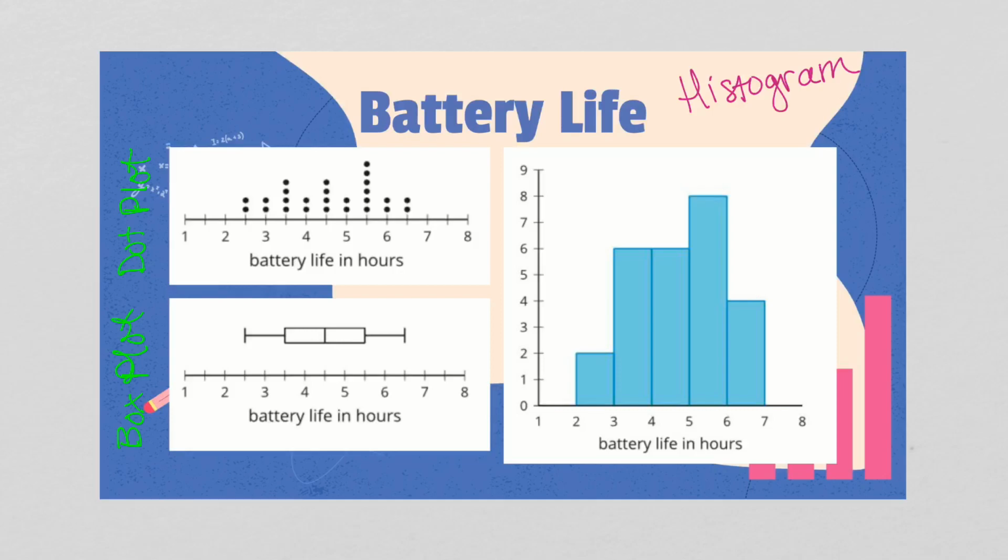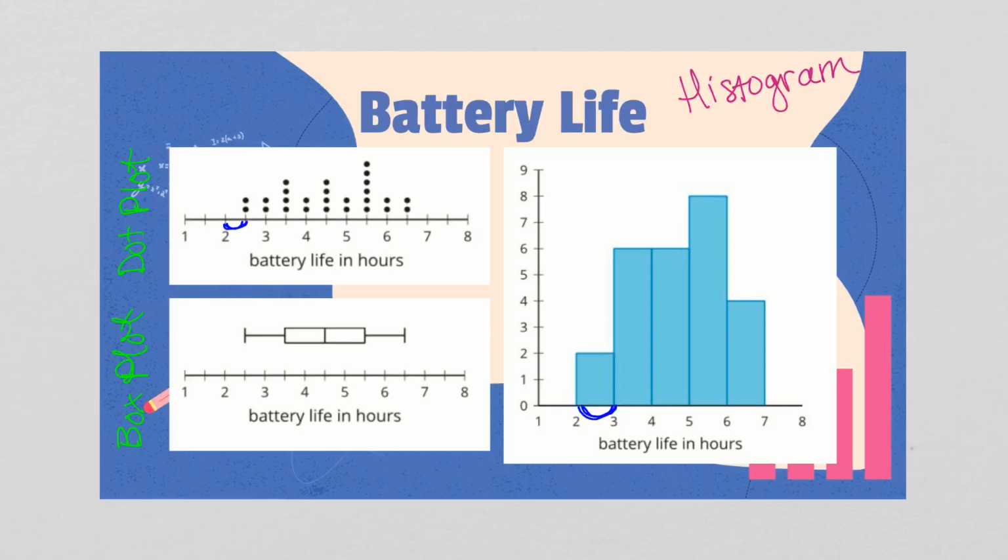One of the major differences that we pointed out was that the histogram down here groups together between 2 and 3, whereas the dot plot gives us a little bit more information because it goes between 2 and 2.5. So we can see more precisely where things are because the dot plot separates it out between half hours instead of whole hours.